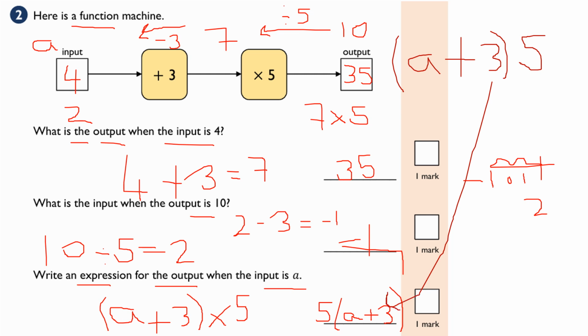They will obviously accept 5A plus 15 too. Although it's not as obvious there, that also works. But the correct answer is 5 lots of A plus 3 in brackets, or 5A plus 15 if you expand that single bracket out.